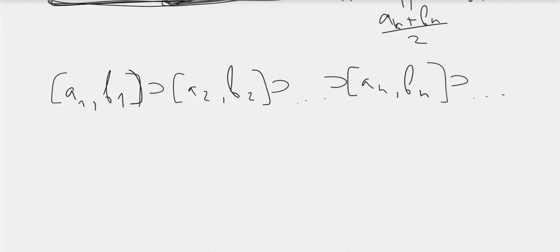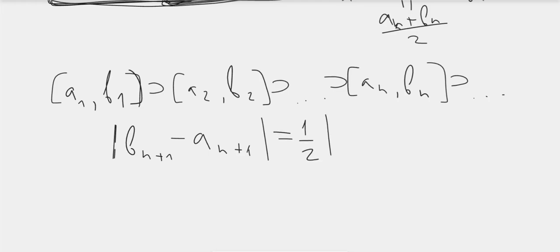And we also notice that the length of the interval b n plus 1 minus a n plus 1 is equal to 1/2 of the length of the previous interval.